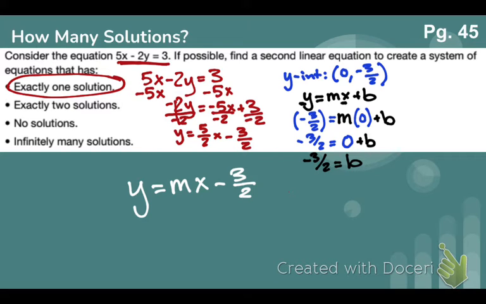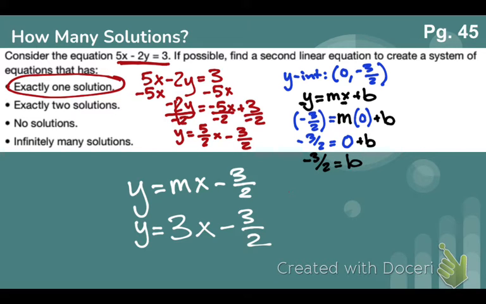Don't we need to solve for it? We could solve for it, but we can also just pick a slope. Just anything? Yeah, 3 will work. That's our first line.